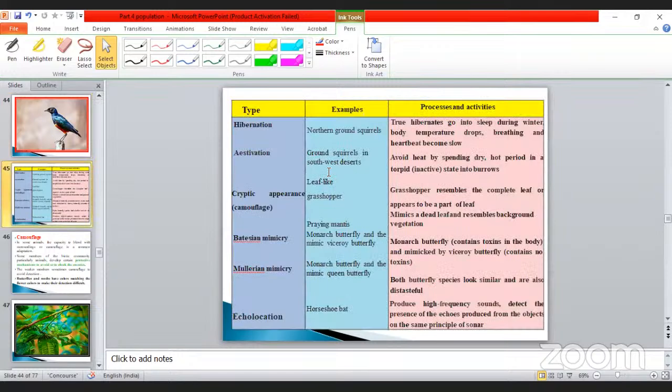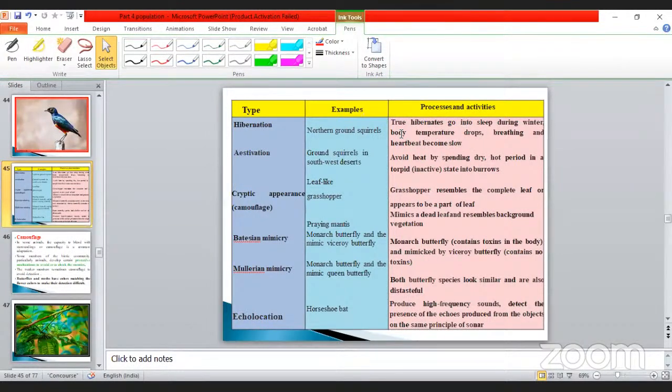We are going to discuss important things, my dear. There are 1, 2, 3, 4, 5 and 6 types of things given. During seasonal variation, what are the animals doing? They are having specialized habitats and behaviors. See here, hibernation. Example: northern ground squirrels, and even crocodile is taken as an example. True hibernators go into sleep during the winter, body temperature drops, breathing and heartbeat become slow.